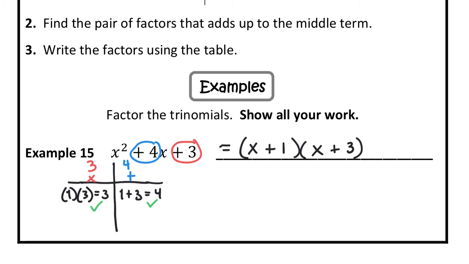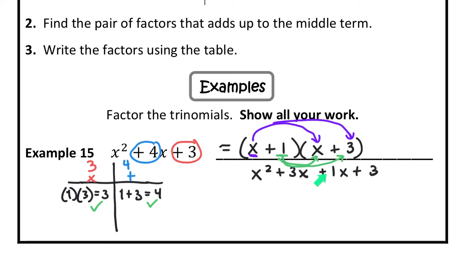Now, we can check it, and I'll check it with you just to show you why it worked out that way. If I multiply x times x, that's going to give me x squared. And then multiply x times 3, it's going to give me 3x. Then I'm going to multiply 1 times x and 1 times 3. 1 times x is going to give me 1x, plus 1 times 3 is going to give me 3.